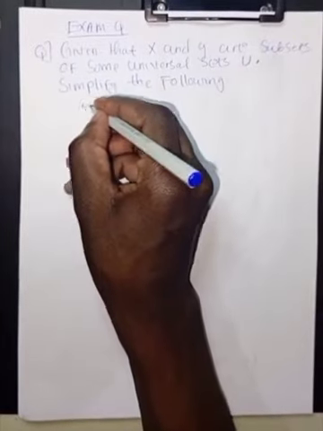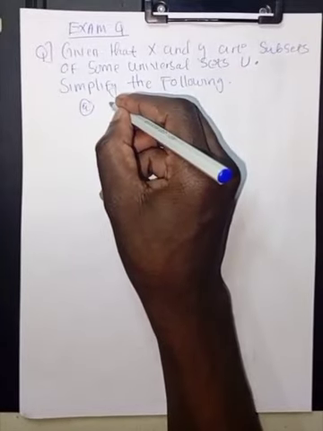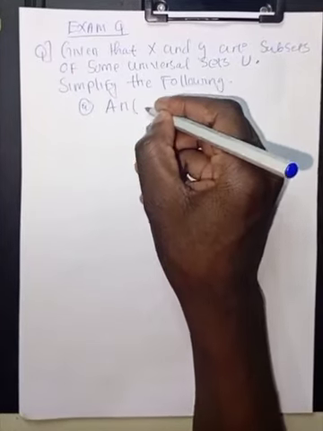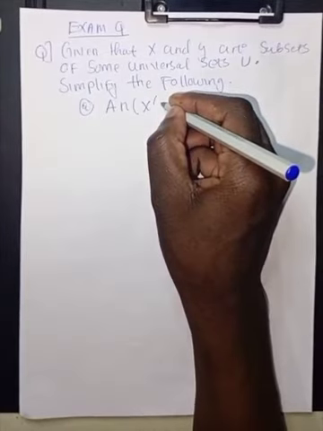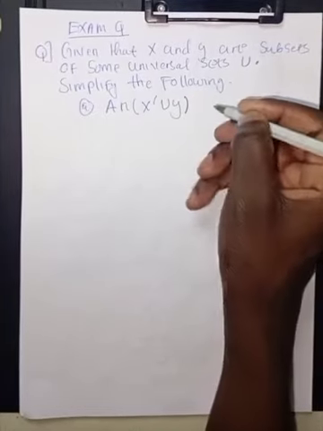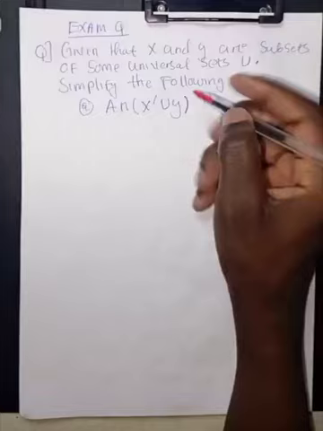So A, we have X intersection, then X complement union Y. I gave you this question in your assignment.